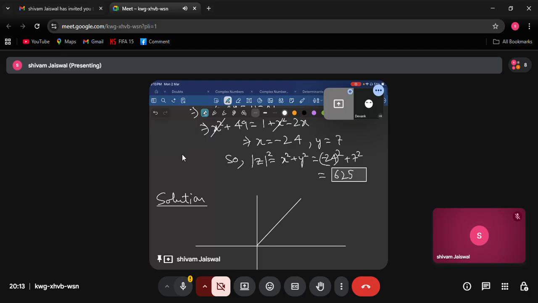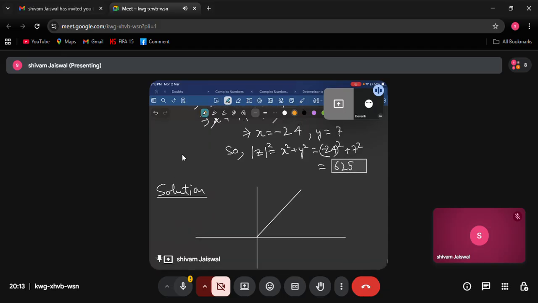A circle with center minus 3 comma 1 and radius 4 units. Okay, this is how it represents. This is what it represents. So their intersection point will give us the value, right? Tell me everyone. Their intersection point will give us the complex number.